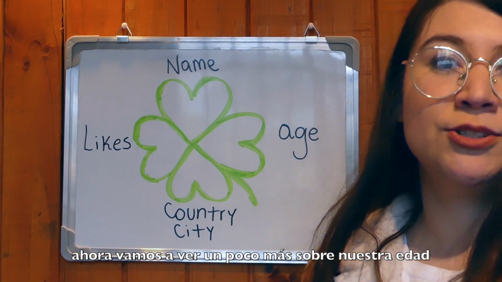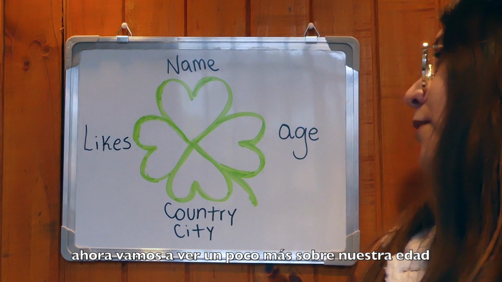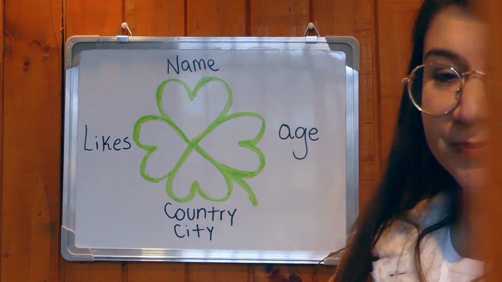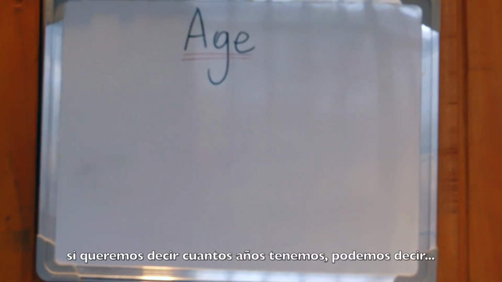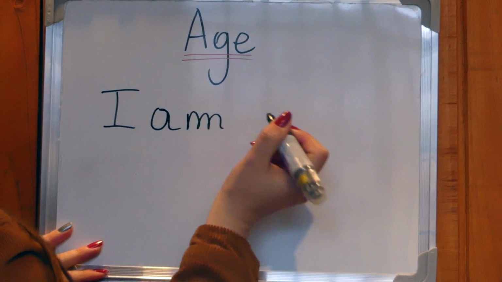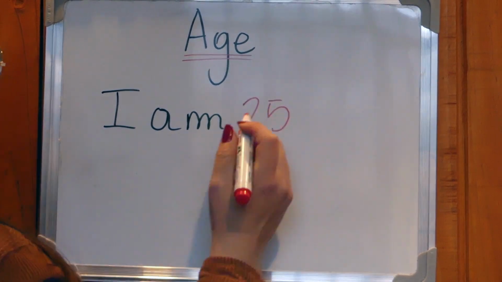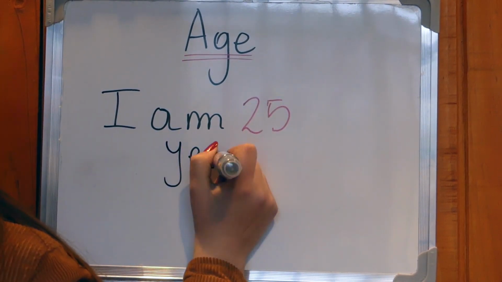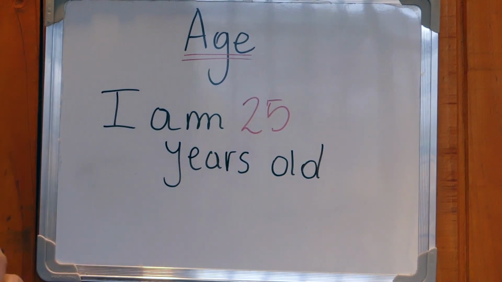Alright, right now we're going to go a little bit deeper on the age. Okay, let's continue. If we want to talk about our age, how old we are, we are going to use the following structure. We can say I am 25 years old.